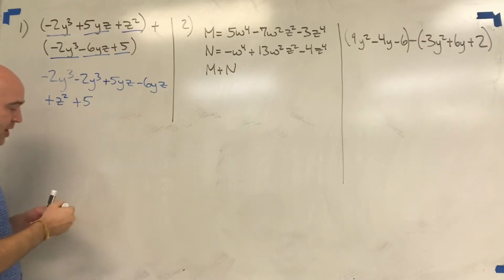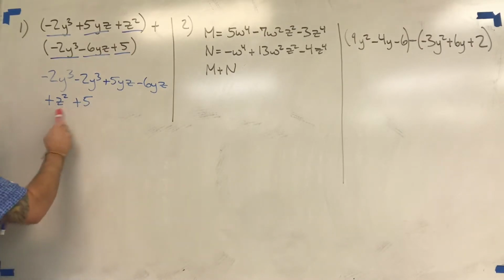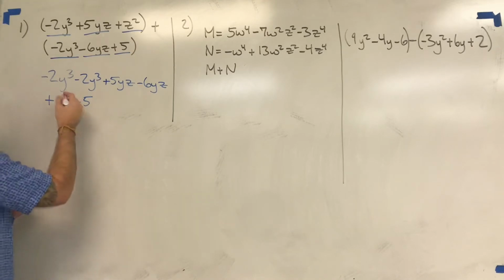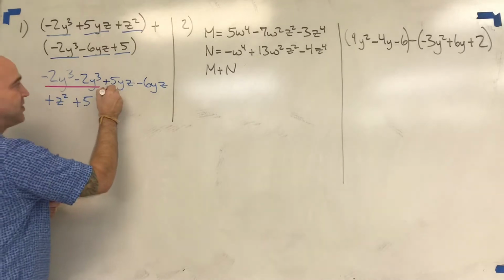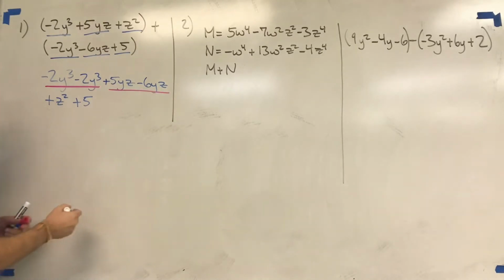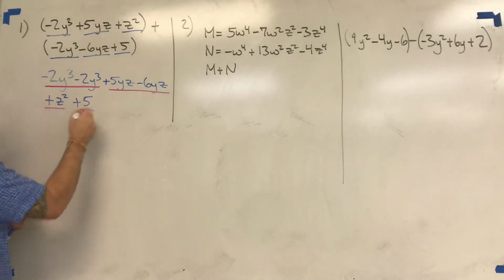It's important to note that these are not common terms. They're just at the end. I still like underlining things that go together, because that helps me pair them up. And like I said, these are separate.